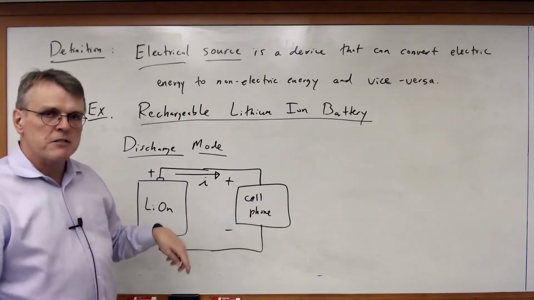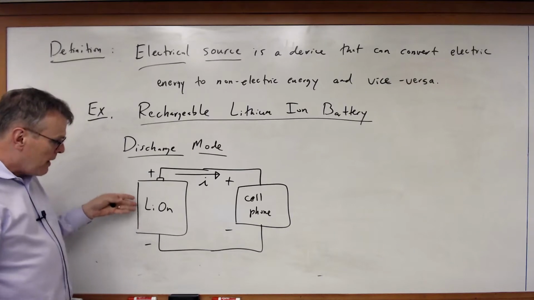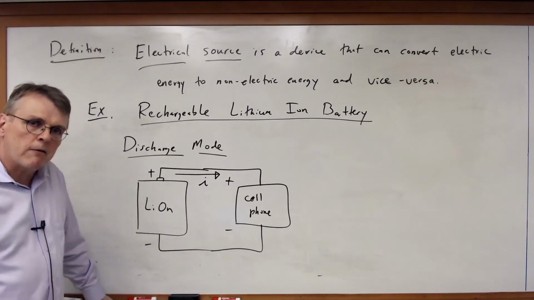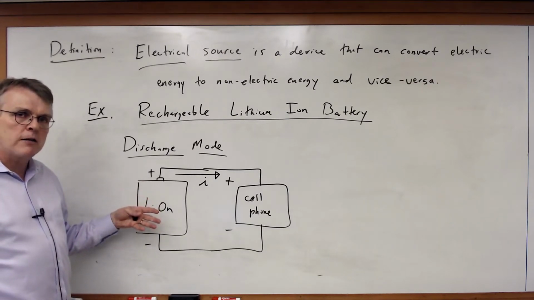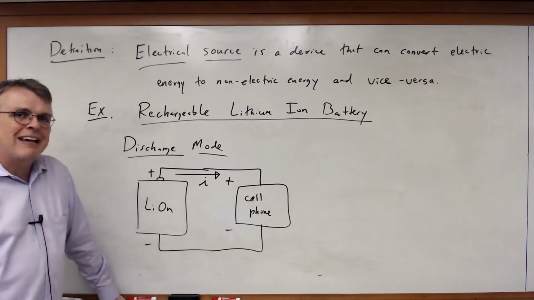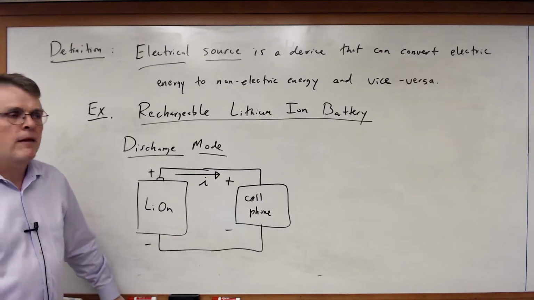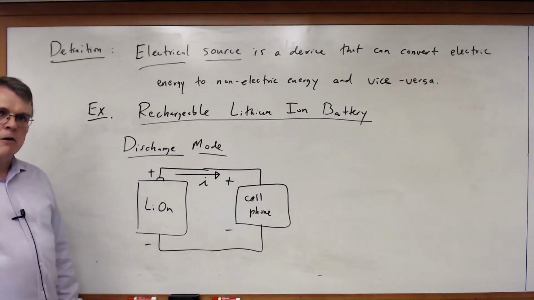It will have positive power. And what's happening in this battery is you have a chemical reaction. We have energy stored in a chemical form in that battery. And as that chemical reaction goes on in this battery, it generates electric current. So the non-electric energy stored in chemical form gets turned into electrical energy. Now, this is while you're using it during the day. The battery is discharging.